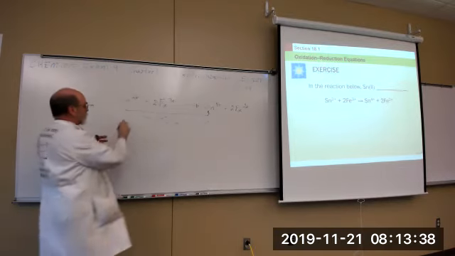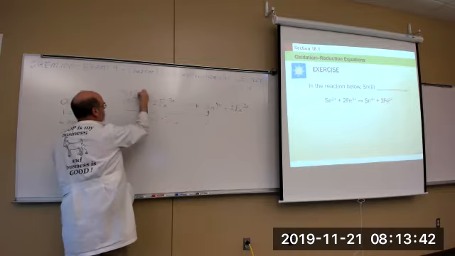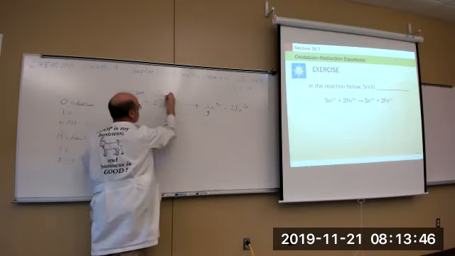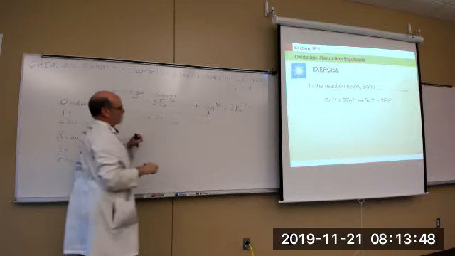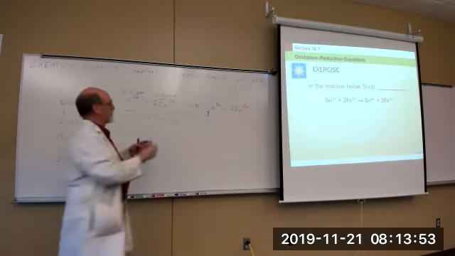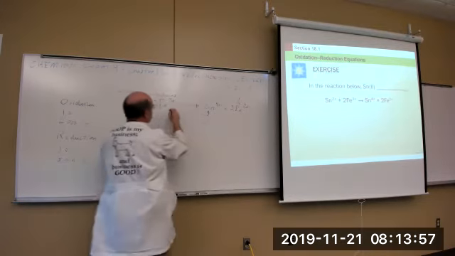So now we know that this one was oxidized. That means this one has to be reduced. And if it's reduced, it has to gain electrons. So if we go from here to here, what has happened?